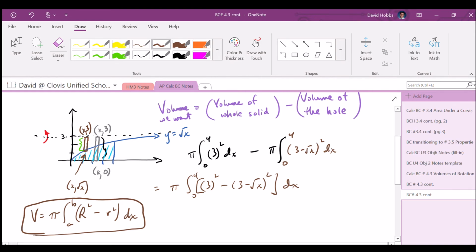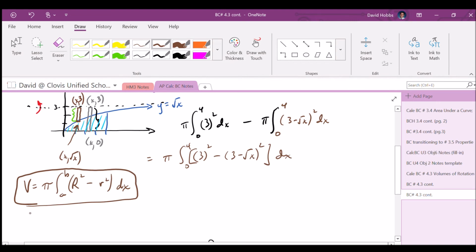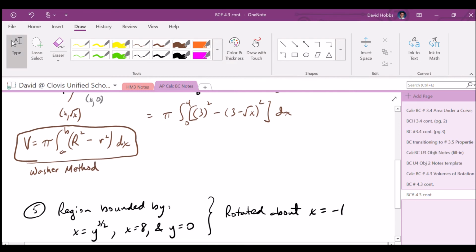Now, you could do what I was just doing right here, where I basically am developing the formula, but it's nice to use the formula here. By the way, this one's known as the washer method. Not washer dryer, but washers like nuts and bolts and washers.